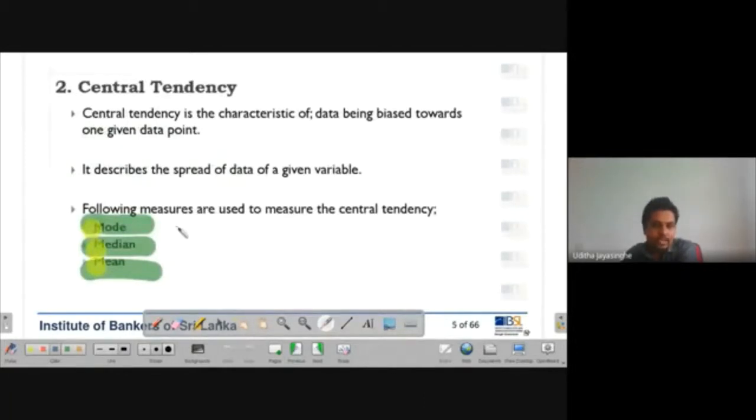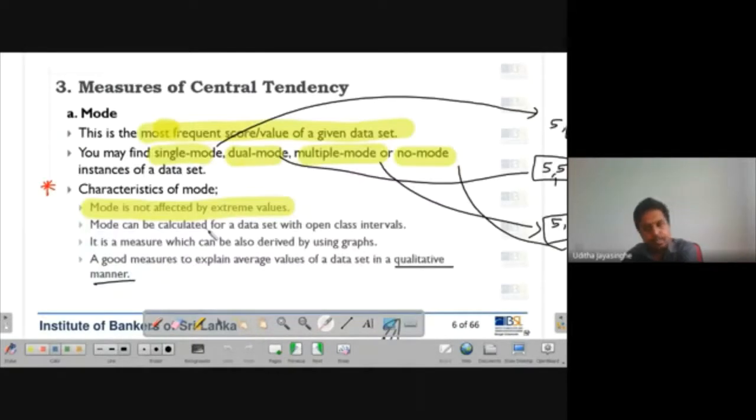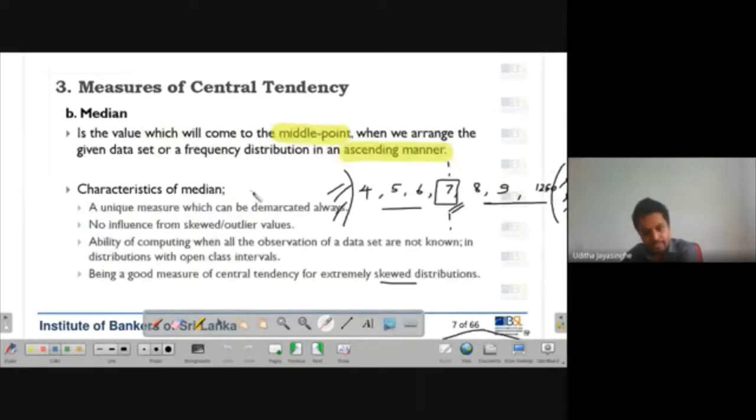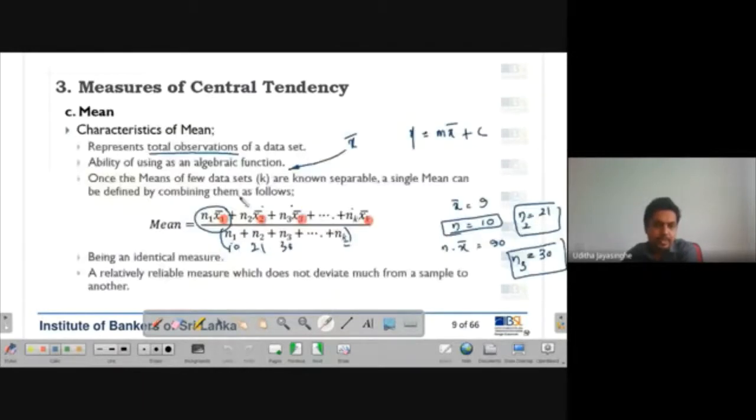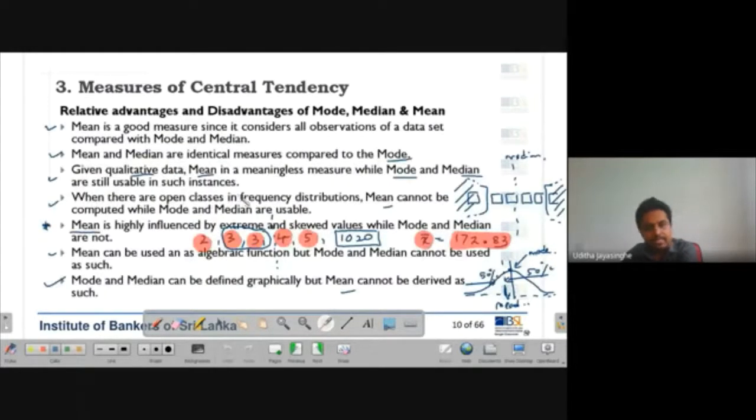We understood that there are 3 basic central tendency indicators: mode, median, and mean. Mode is the most frequently occurring number, median is the midpoint, and mean is the arithmetic average. We then discussed the relative advantages and disadvantages of the 3 indicators, especially whether we are looking at quantitative data or numerical comparisons.